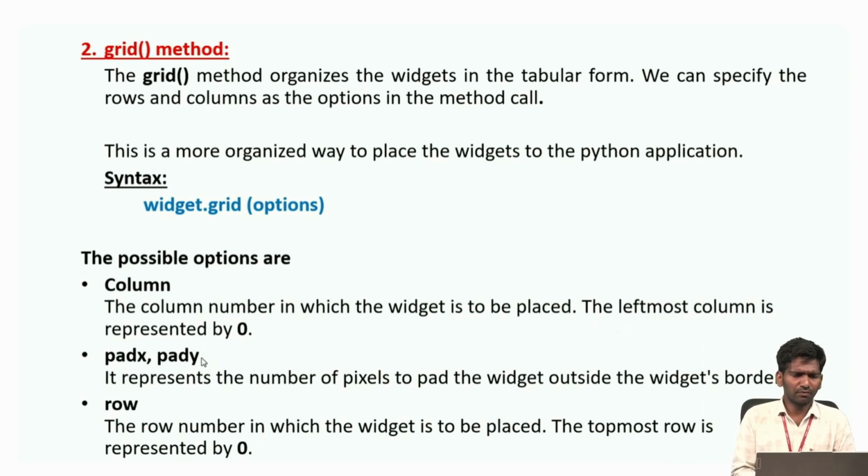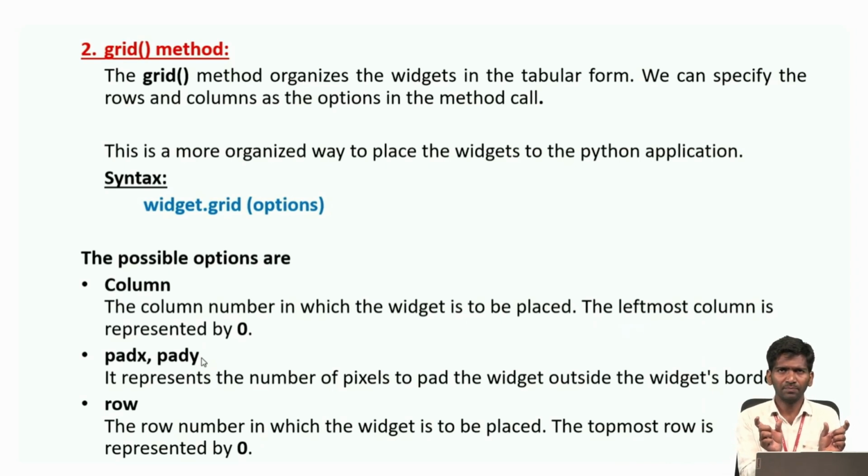Yeah, next comes the grid method. So in this grid method, what we are trying to do, we need to specify rows and columns. So in the options, widgets.grid is there, no? So widgets.grid option. So in the option, we need to specify which row, which column. So entire screen will be divided into rows and columns. Okay. So if you are designing your label, button has name here.